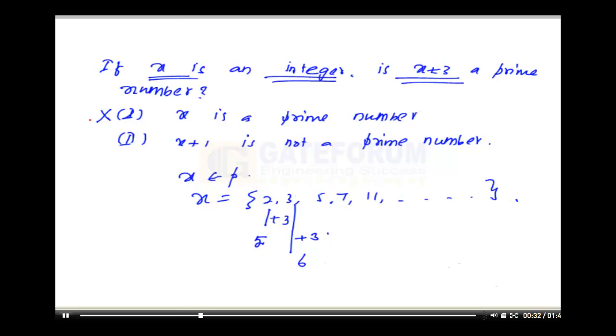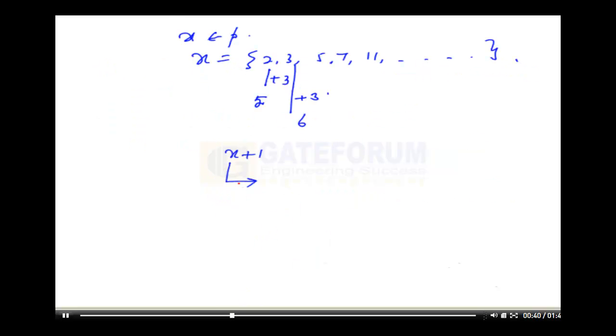Now let us look into statement 2. X plus 1 is not a prime number. We have to select the values of X in such a way that X plus 1 is not a prime number. Let us see. If X is 2, 2 plus 1 is a prime number, so X cannot be 2. If X is 3, yes, it will satisfy the condition.